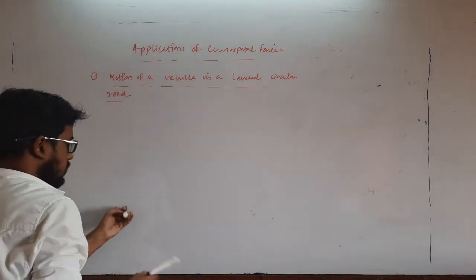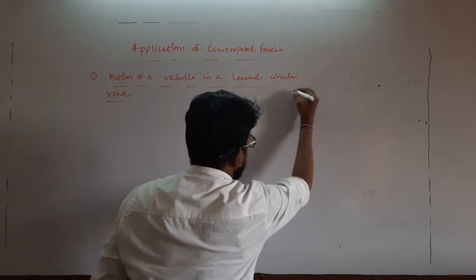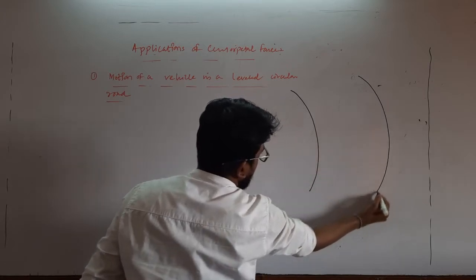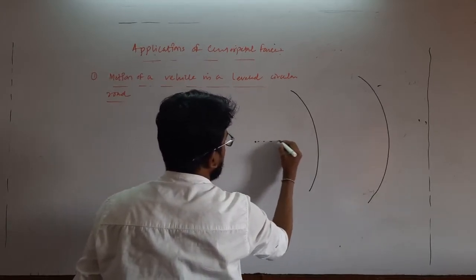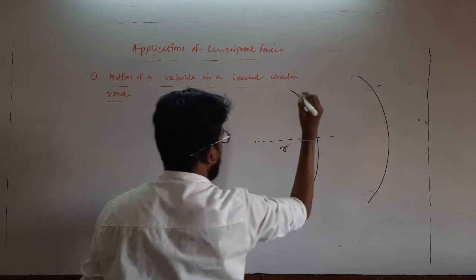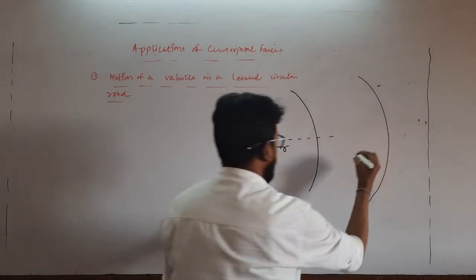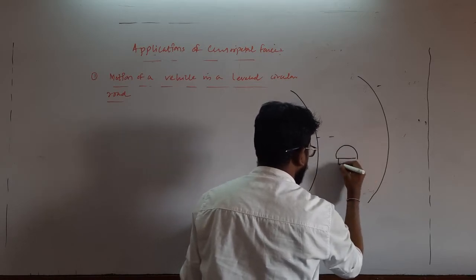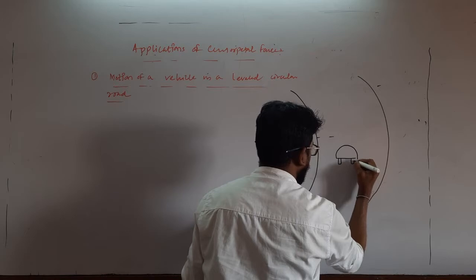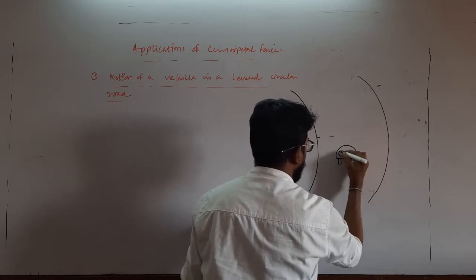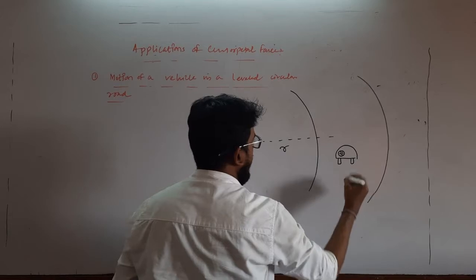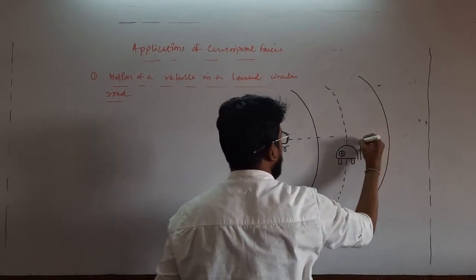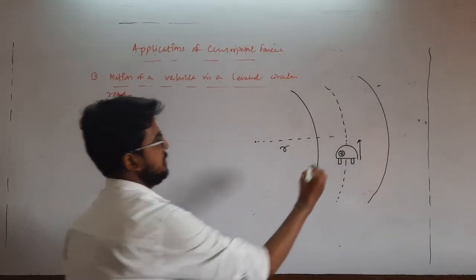So according to this, if I am drawing a circular track like this, let the radius of this circular track be r. Clear? And here is a vehicle or car. Let's consider this is a car, which is traveling along this direction.